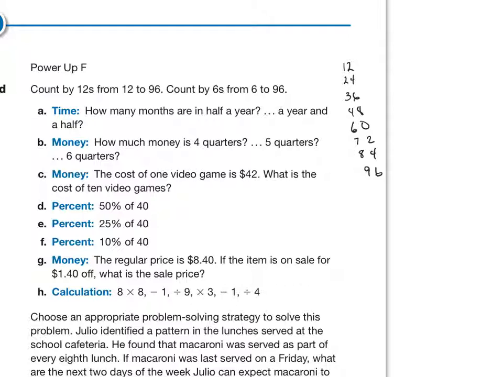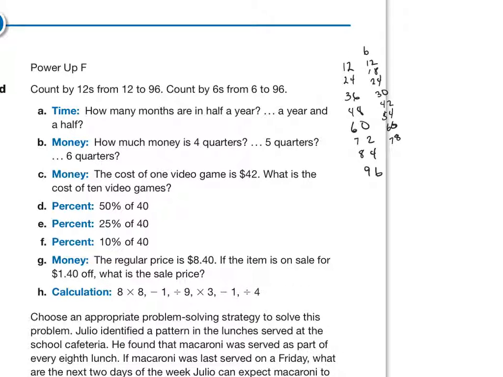So we're going to pass these same numbers as we go. We got 6, 12, 18, 24, then 30 and 36, and then 42 and 48, and then 54, and then 60, and then 66, and then 72, and then 78.